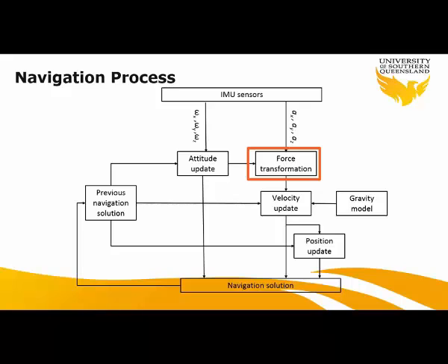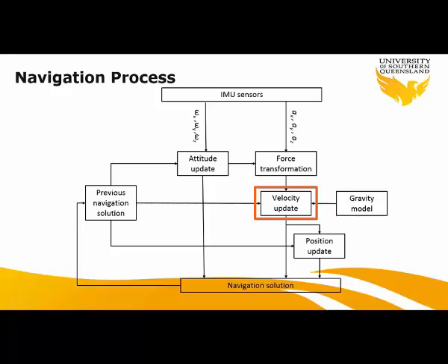To do that, we obviously need to have the angular rate of change from gyros to transform the acceleration into the G frame. Once you've done that, the next step is we need to update the velocity based on the transformed acceleration from the previous step. So we use this acceleration and the sample period, and we can update the velocity.